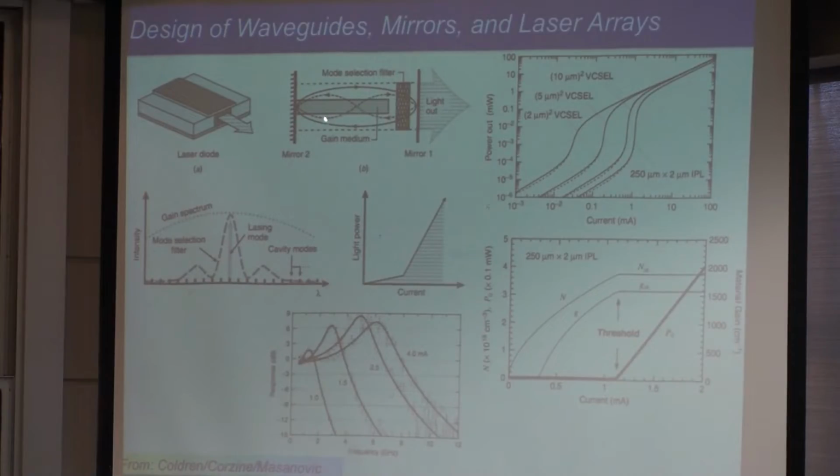And based on the gain medium, you have your whole gain spectrum. You calculated that in your last assignment, the gain spectrum of a semiconductor gain structure, which could be a bulk p-n junction, or it could be quantum wells or quantum wires, whatever it may be. So you have a gain spectrum that may look like this as a function of frequency or wavelength. Here it's plotted as a function of wavelength.